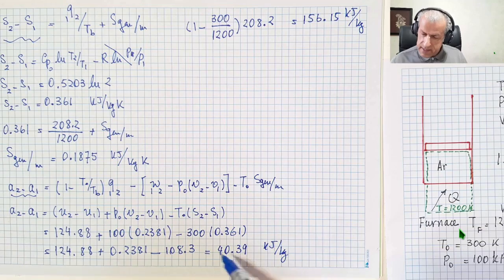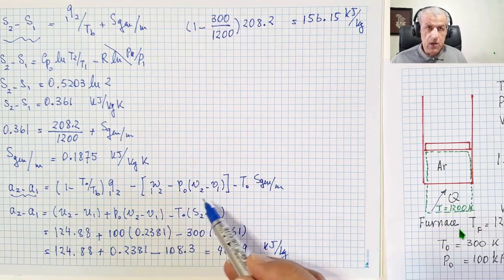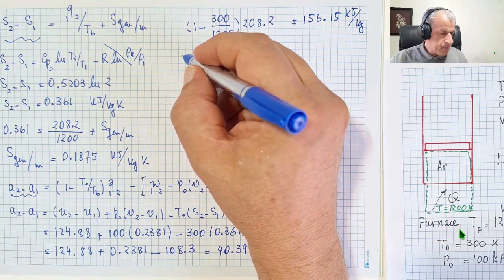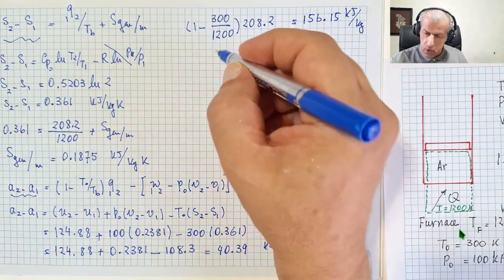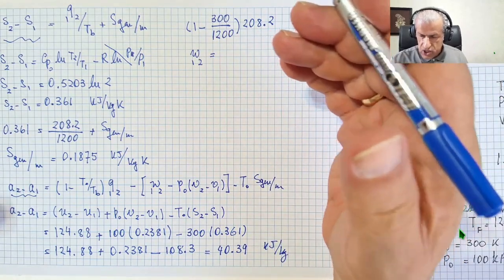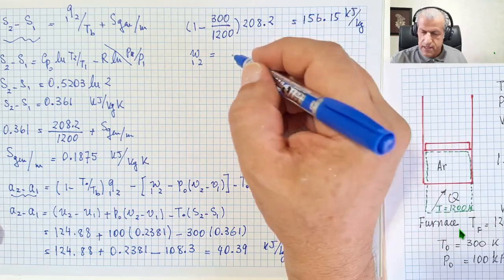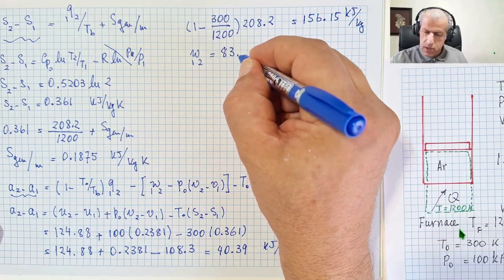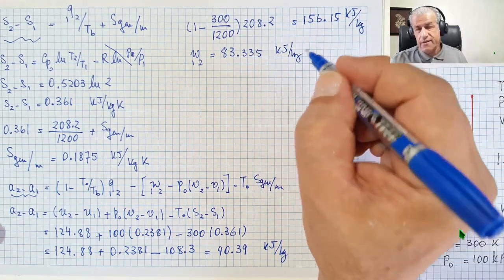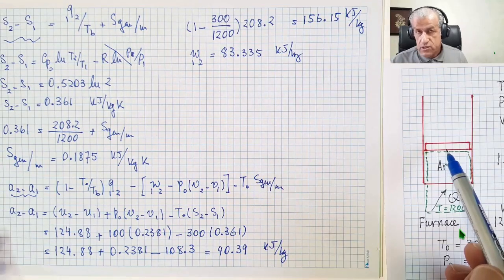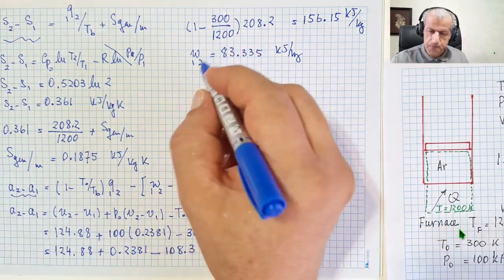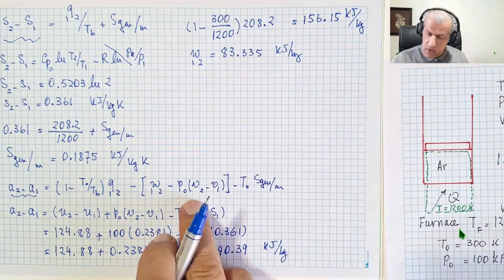Now, let's calculate this term and see what it is. This term is work, W12, and it is transferred just as availability is, 83.335 kilojoule per kilogram. This is the availability transferred with work. This is transferred to this piston and its atmosphere, just the surroundings. Now, what is this term?